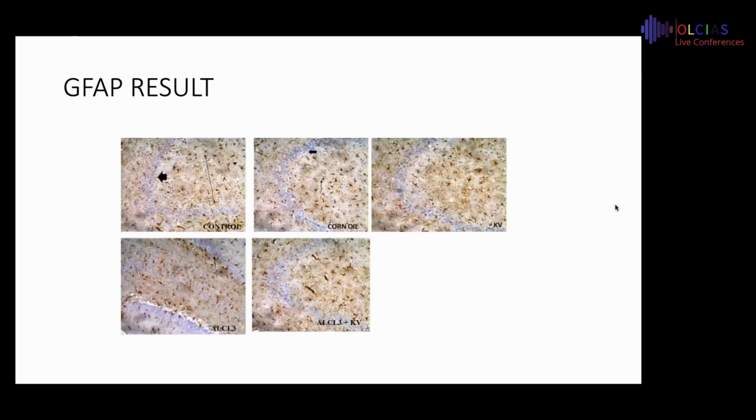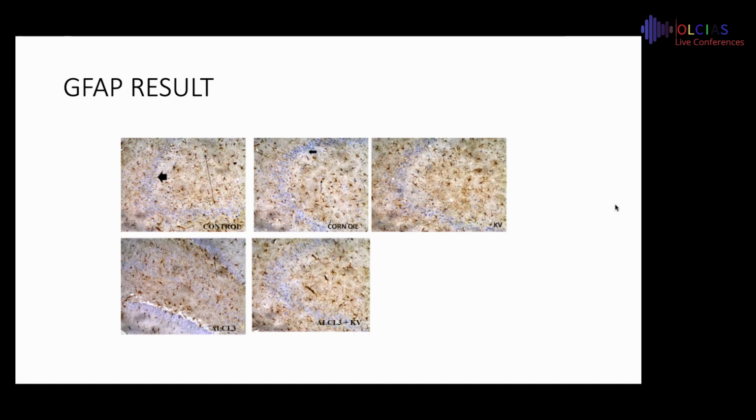Yes, GFAP, that is the glial fibrillary acidic protein. The function of this marker is to express reactive astrocytes. Now, the reactive astrocyte, as I've said earlier, is a kind of astrocyte that undergoes cellular and morphological changes in response to injury to the central nervous system.